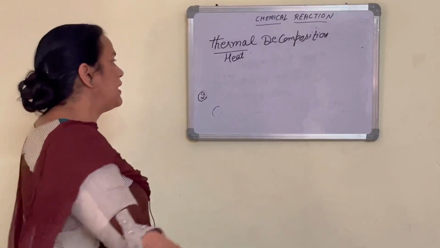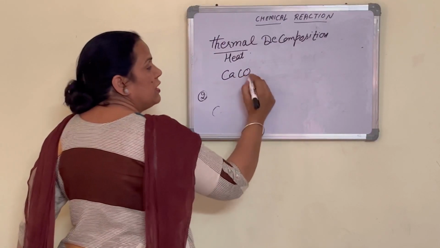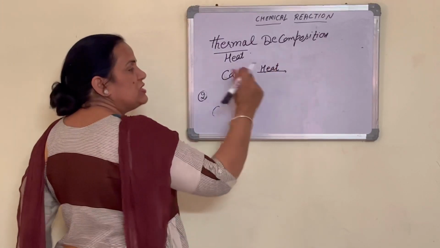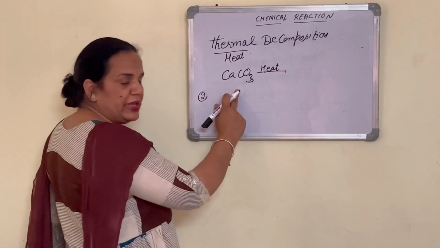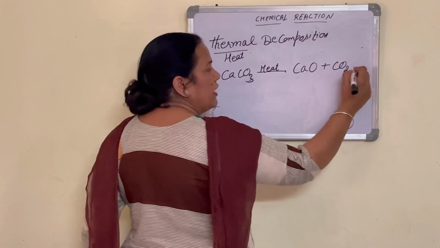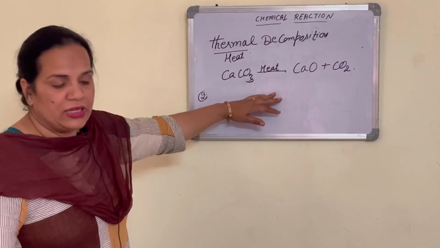For example, calcium carbonate. When heat energy passes to the calcium carbonate, it changes into calcium oxide and carbon dioxide. This is an example of thermal decomposition.